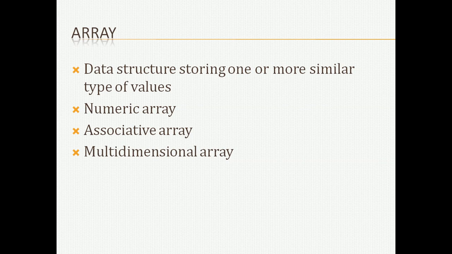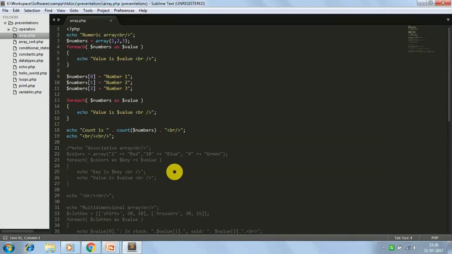So now let's understand these arrays with the help of an example. This is the example which I have created. First let's look into the numeric array. I have declared an array called $numbers and have assigned the values 1, 2 and 3 to it.